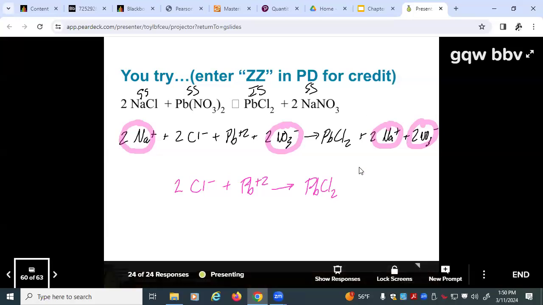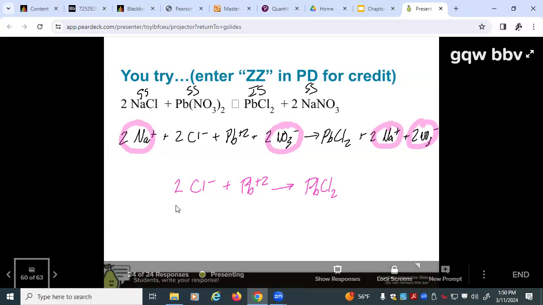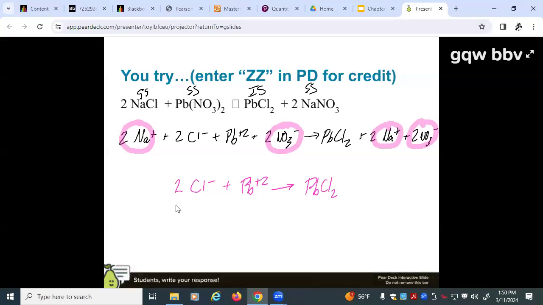Okay, just about out of time. Let's wrap up here. So the key here: you had to identify what was soluble and what was not. That list that I projected there is in your lecture materials, in the chapter 7 folder.